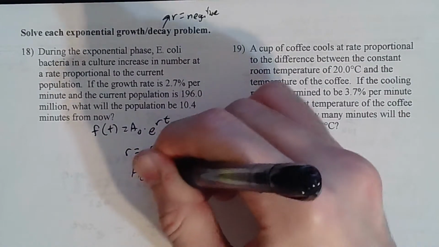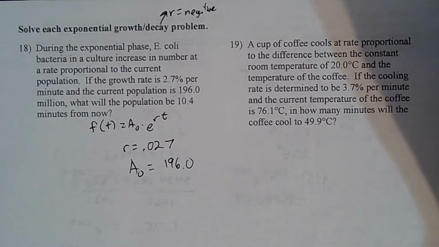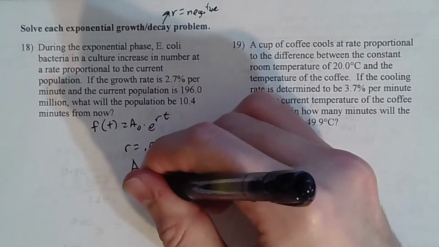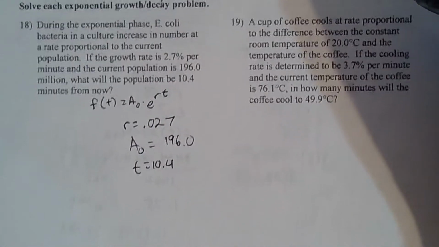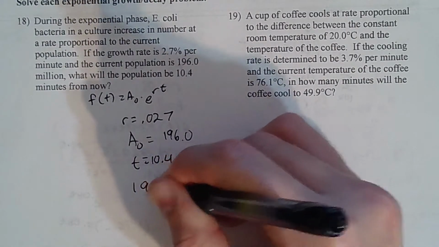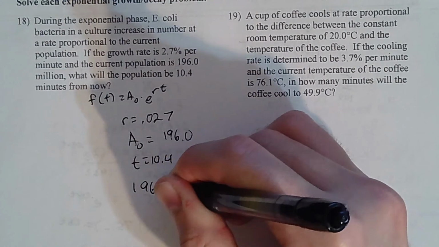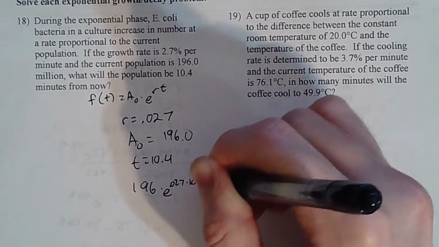So the initial value is 1960. And it wants to know 10.4 minutes from now. So the time is 10.4. Plug it all in: 1960 multiplied by e to the 0.027 times 10.4.